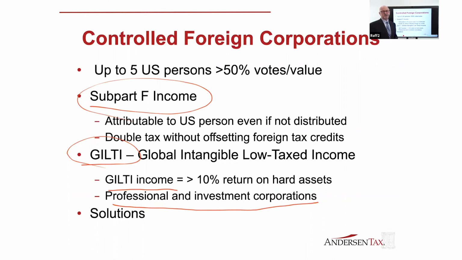There's not much of a return on those. And so all that income becomes GILTI income and gets taxed to you personally. And again, this levers up the risk of double taxation. So this is potentially a real problem for people.